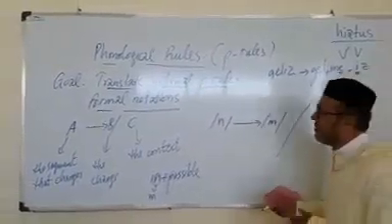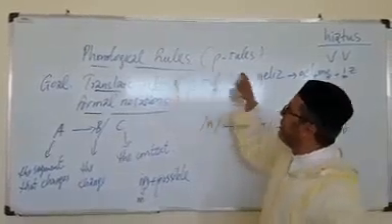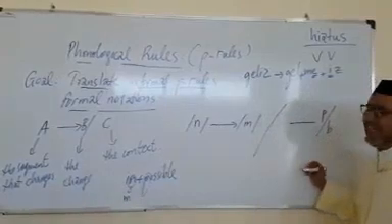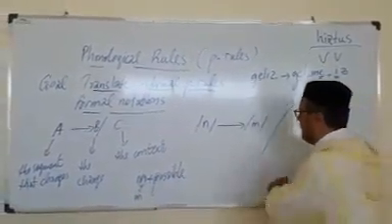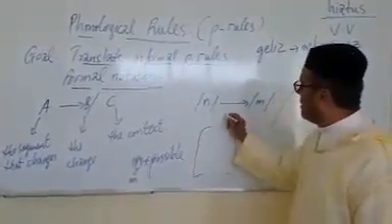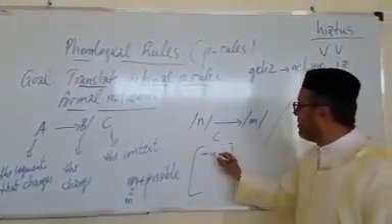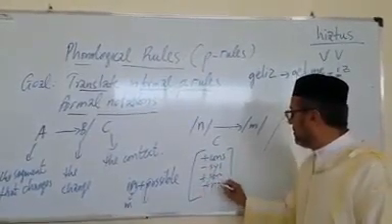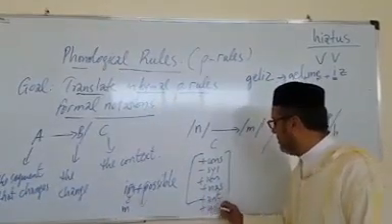To give a complete formal phonological rule, we need to change these sounds into feature matrices. The feature matrix for n is plus consonantal, minus syllabic, plus sonorant, plus nasal, plus anterior, plus coronal.